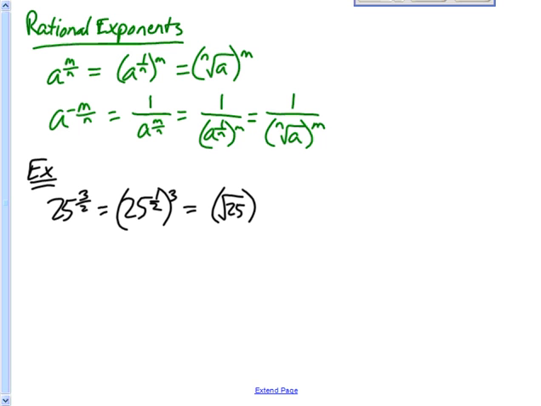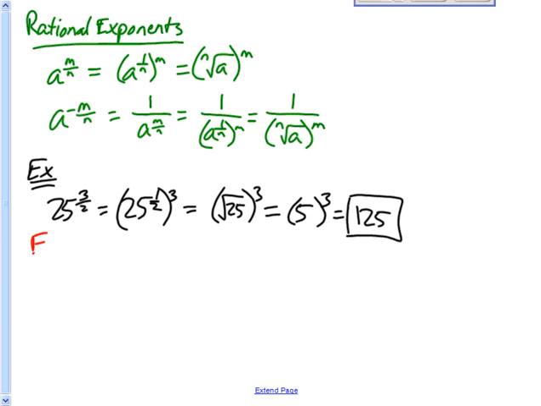And it's a second root, so it's an even root. So in all reality, you have two roots of this 25, plus or minus 5. But we're just going to consider the principal root here, and your textbook typically does that same thing. 5 times 5 times 5, 125. So we're not going to be overly picky on that one.